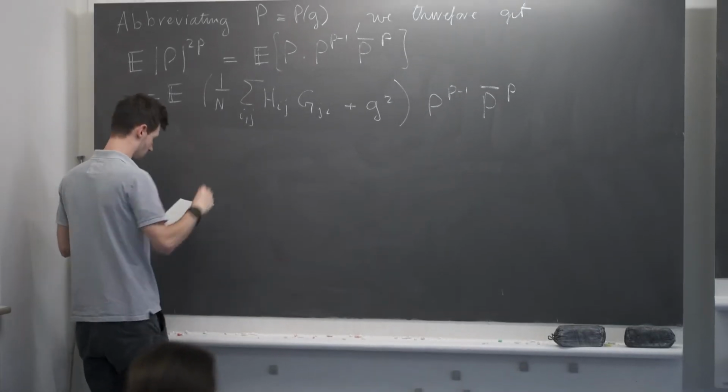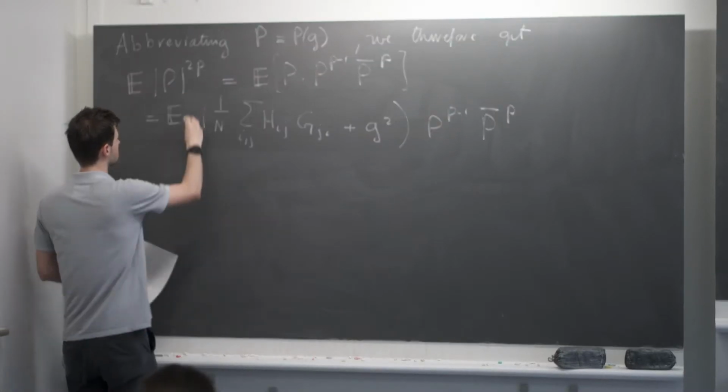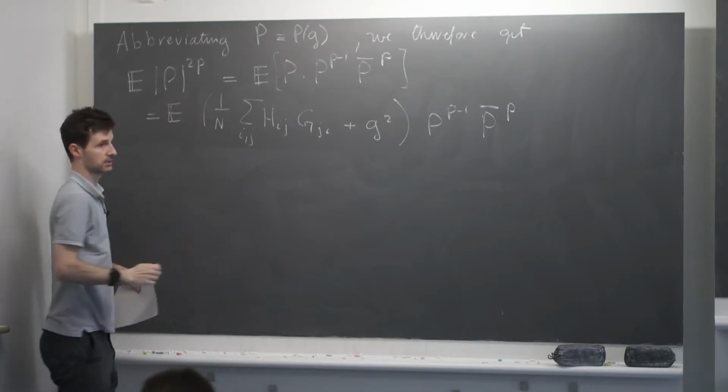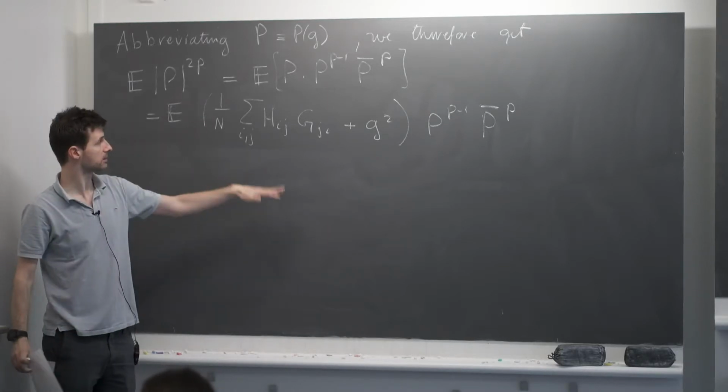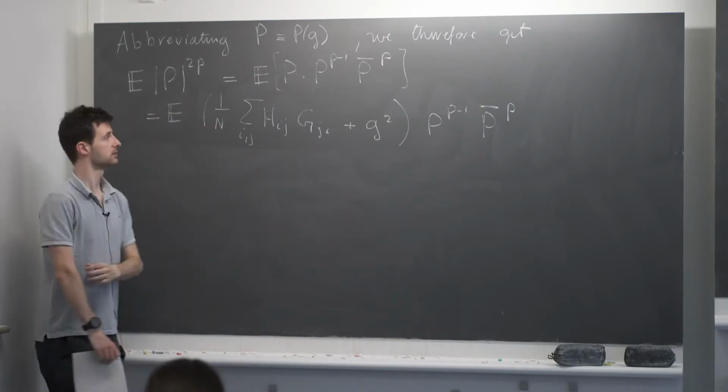If I may, I will not write these parentheses anymore. The expectation is always understood to act on everything on the right-hand side. Anything that's a random variable on the right-hand side is inside the same expectation.